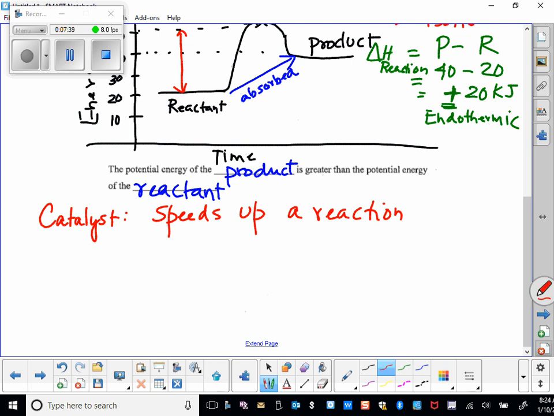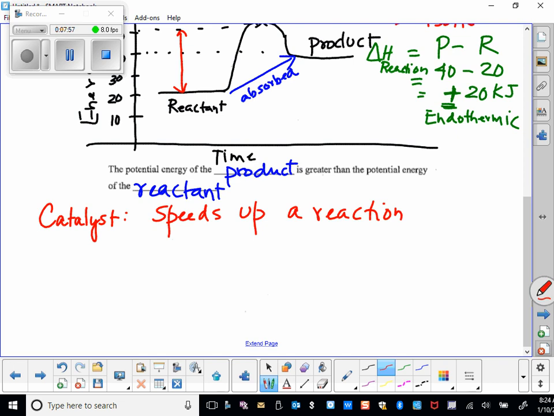We have a lot of catalysts inside our body that help the digestion process. All right? We eat breakfast, we come to school, we have this energy to walk, to talk, to move. Even to think, right?